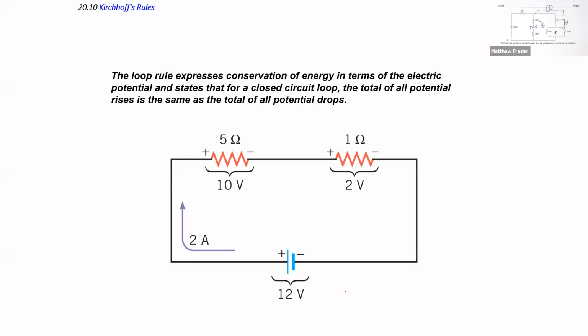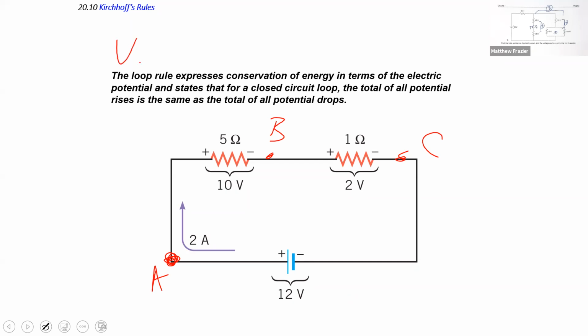The idea is that you start in one part of the circuit, say here. Call that A. And you go around the circuit. We'll call this point B. We'll call this point C. You add up all the potential differences.